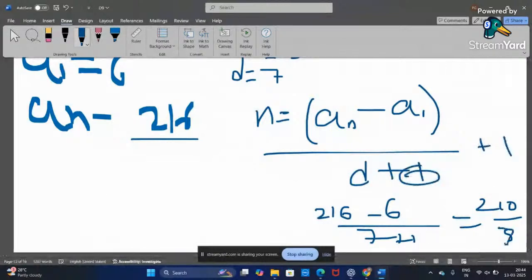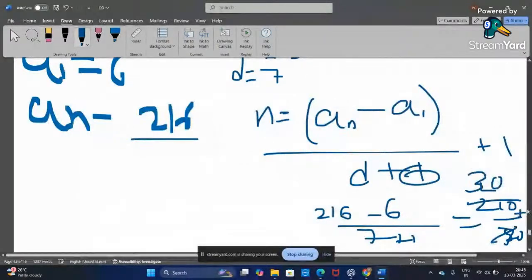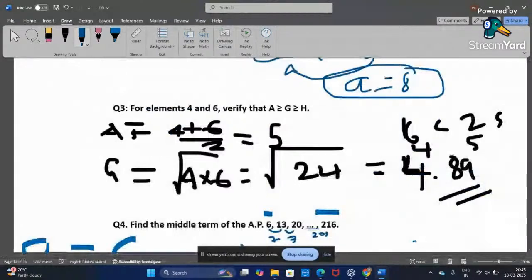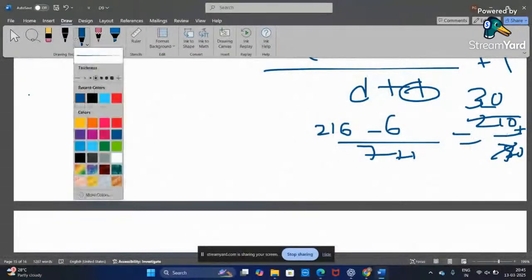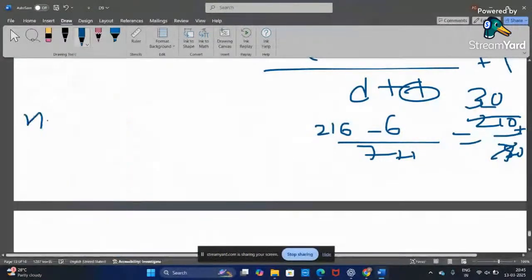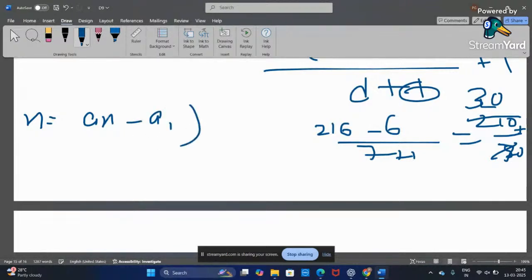This is 7 here. 7 threes are 21 and 0 as it is, and we need to add plus 1. Sorry. Just 1 second. I'll write this step here. The formula is n equals AN minus A1, divided by D, plus 1.